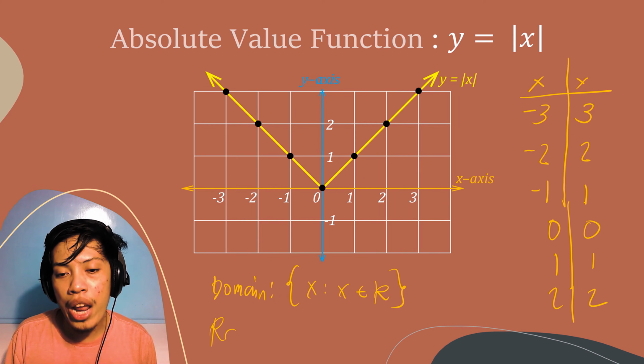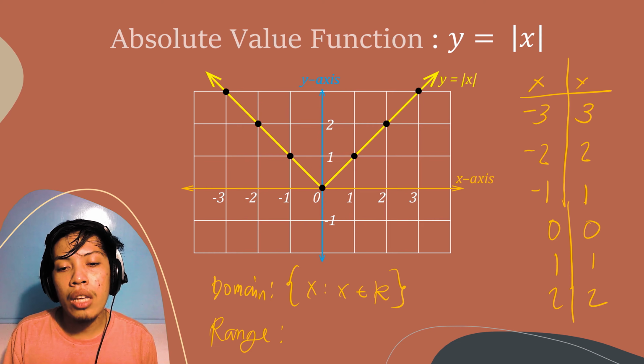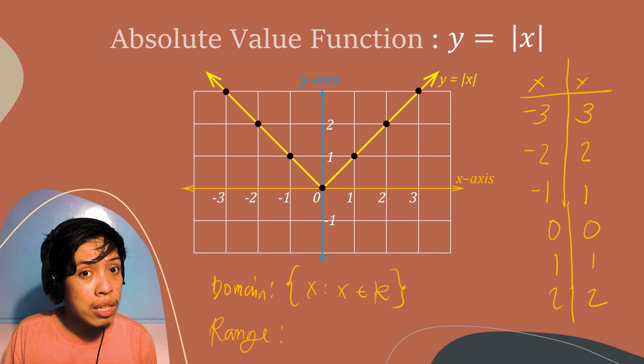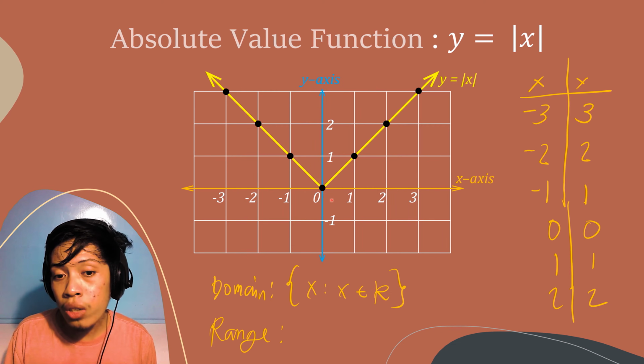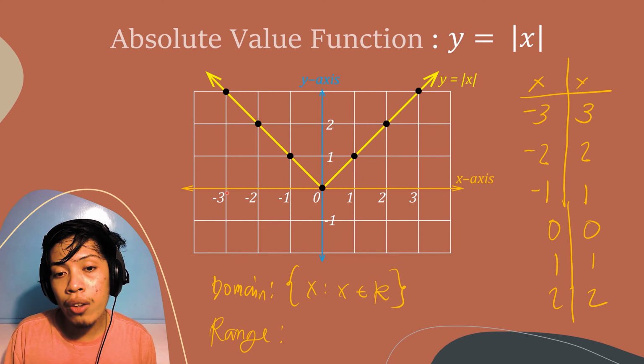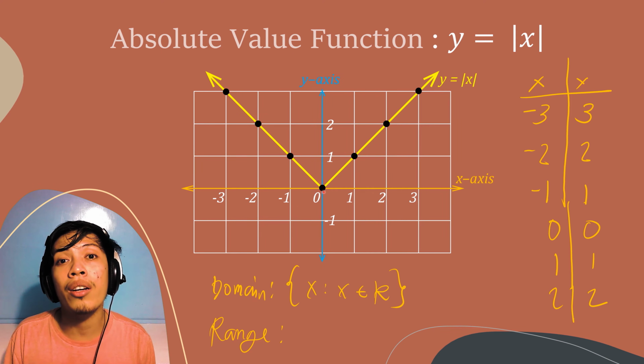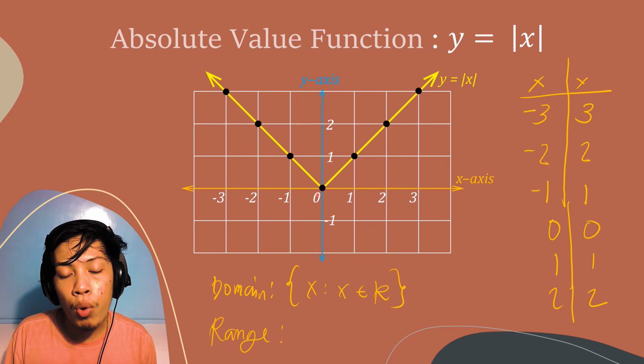How about the range? How do we solve for the value of the range? Look at the graph. Take note that the range is the set of all possible values of y. When you look at the graph, the graph is from the x-axis upward. There are no points on the graph that are below the x-axis.